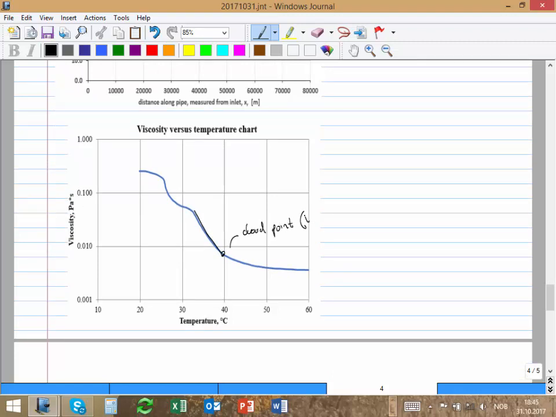Also called WAT, the wax appearance temperature. That's when we start seeing small crystals of wax coming out of solution. And here we have the pour point. The temperature we have at the end is around here, like 21, very close. So probably we're going to have a lot of wax deposition in this pipe.